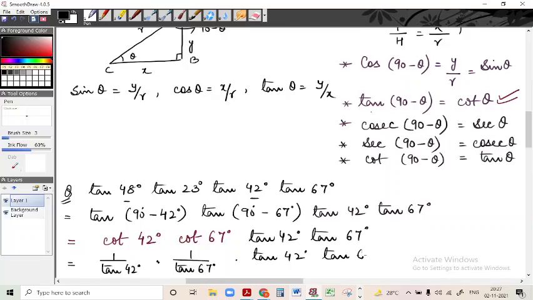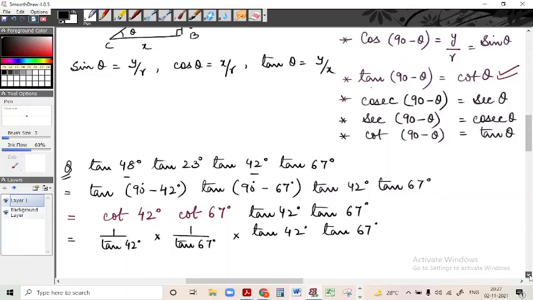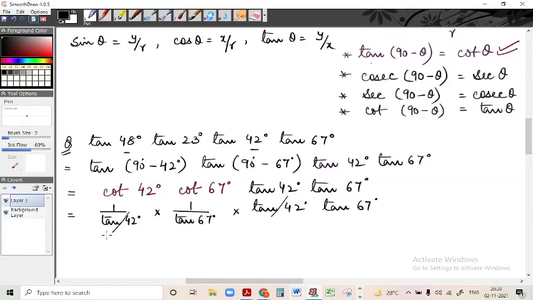Right, these are multiplied. So here tan 42 will be cancelled out, tan 67 will be cancelled out, and this is equal to 1. So this is the value when we solve this question.